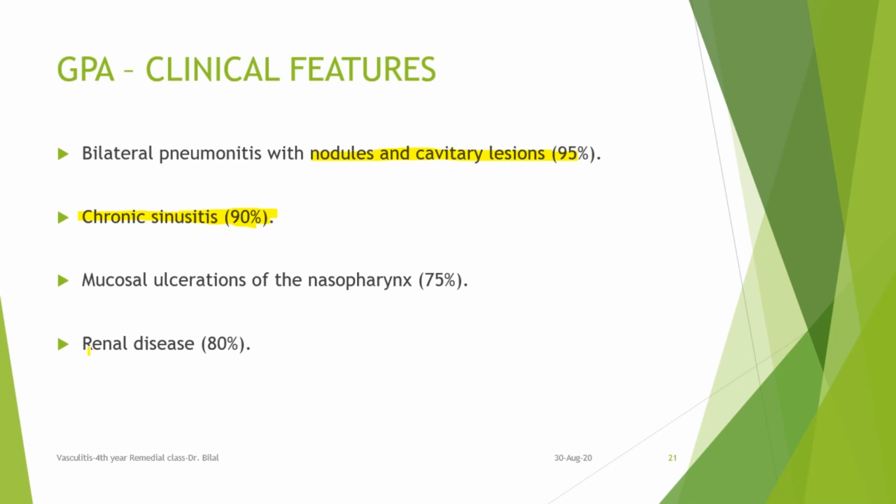And then we talked about glomerulonephritis, renal disease in 80% of the cases. And the fourth point to remember is mucosal ulcerations of the nasopharynx. All four of these are important: cavitary lesions in the lungs, chronic sinusitis, nasopharynx ulceration, and renal disease.